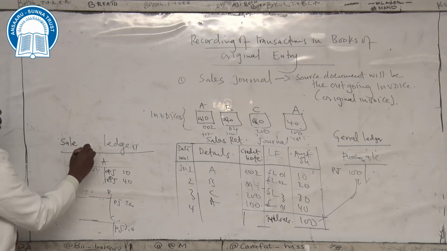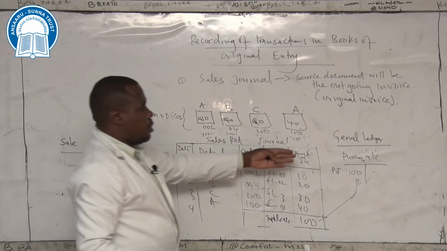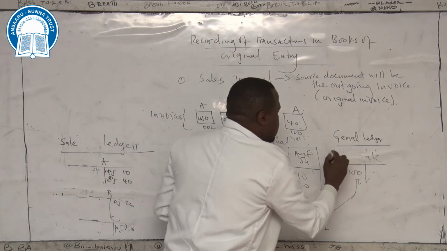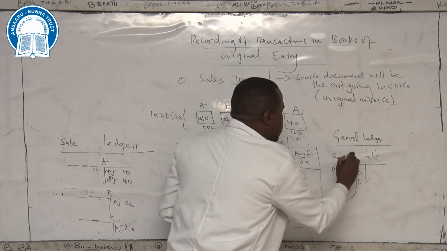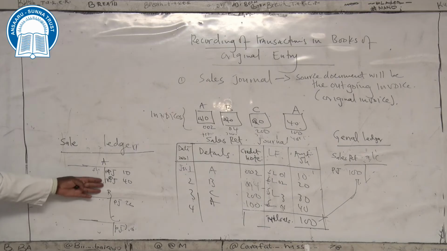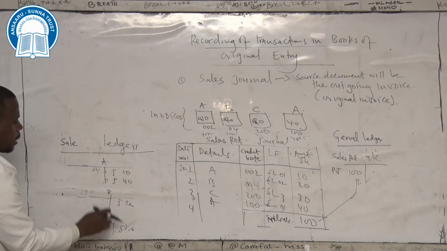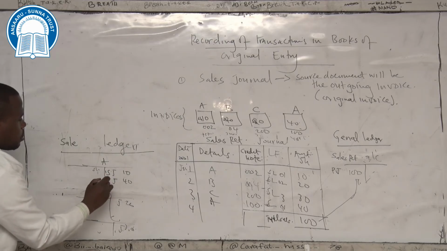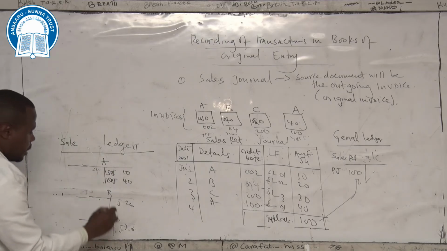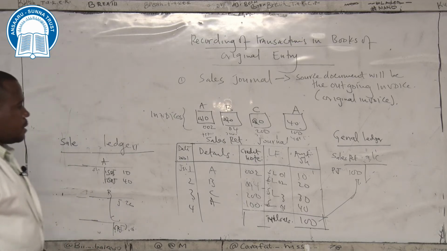This will be our sales ledger, and for general ledger we'll have sales return account. Now these customers will be returning goods to the business, so their accounts are going to be losing. So this will be the sales return journal.